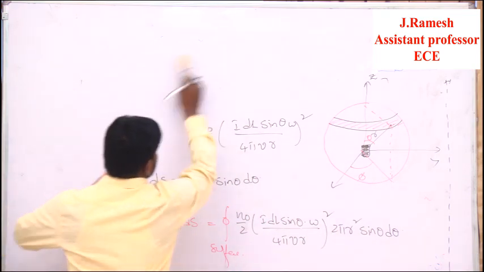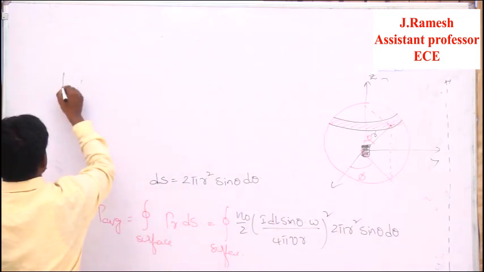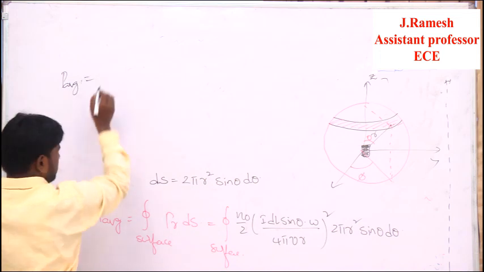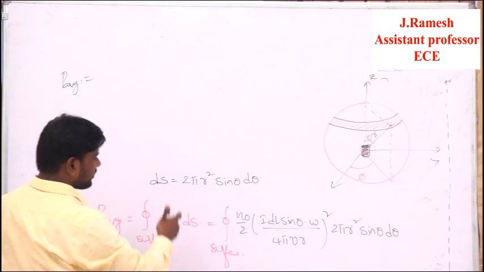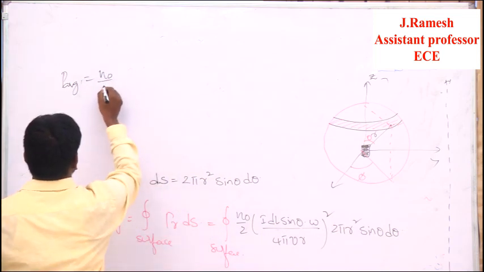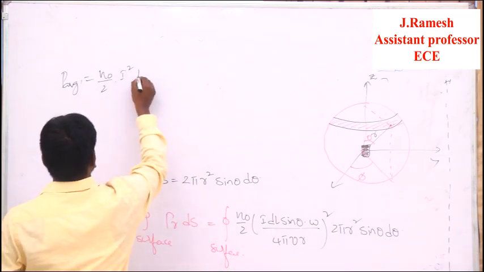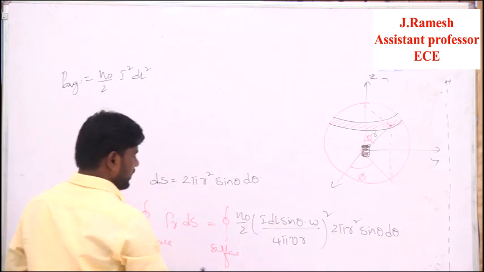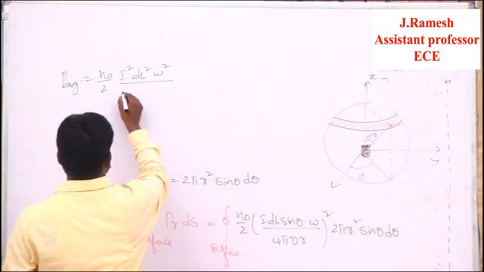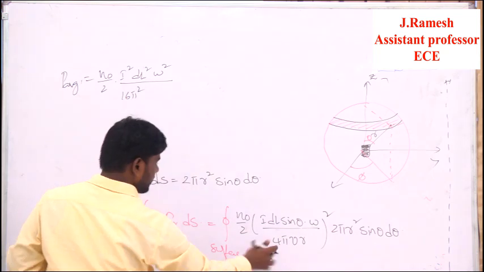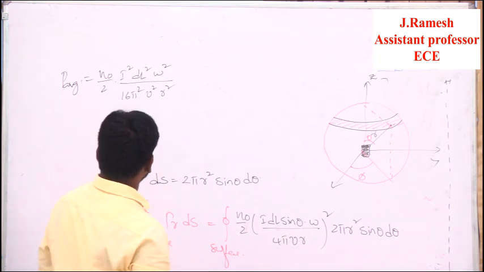What is the simplified form of P average? I can write my P average as the surface integral. The remaining terms are constants, so eta naught by 2 outside, and I square dl square, after that omega square, and after that 4 pi square, that means 16 pi square, and then v square and r square, and all terms are over.